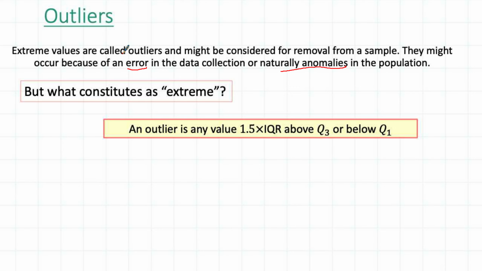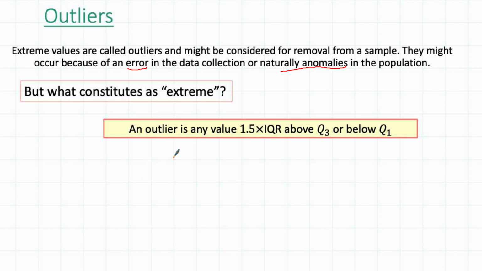So how do we decide what is extreme? There is one calculation, so that's not a random process. What we do is we find 1.5 times the interquartile range. And once you find this value, a number is considered an outlier if it's 1.5 times IQR above Q3 or below Q1. It will make sense with some calculations.